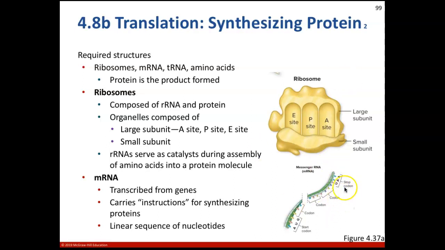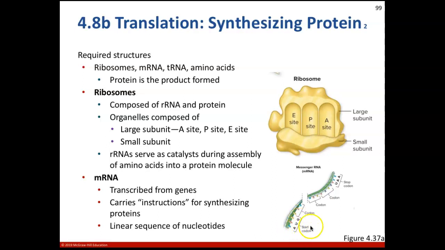If we look at our mRNA strand, we got this from our genes. It's carrying instructions for the proteins, and we see that it has a linear sequence of nucleotides. So again, we take 3 of these nucleotides in order to code for a specific amino acid.